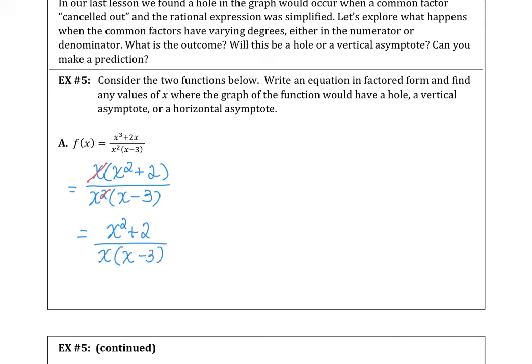So let's make some notes about what we know. We know that the factors are larger in the denominator on that x over x squared. So we know x equals 0 is a vertical asymptote.